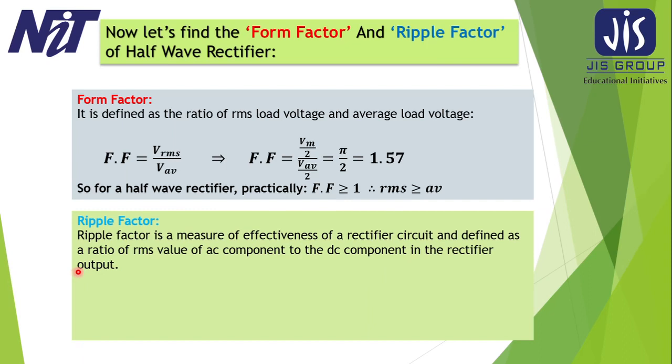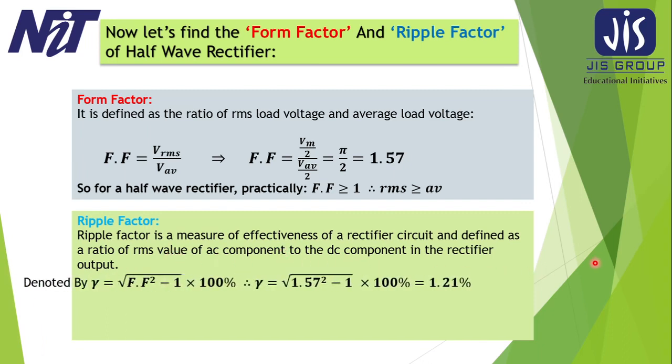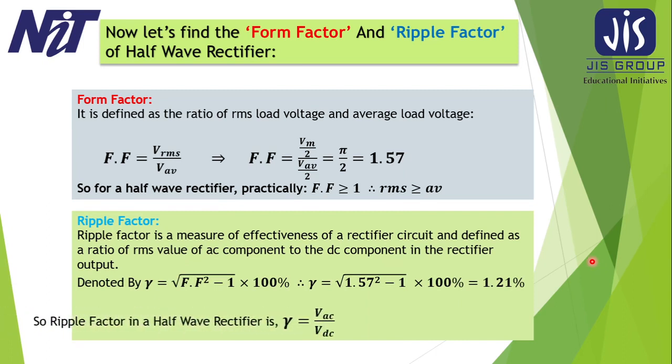So in the first slide, at the beginning, I already showed you the bottom part of the output called the DC average output, and the ripple, where the RMS value of the ripple is called VAC. So the ratio of these two is basically your ripple factor.